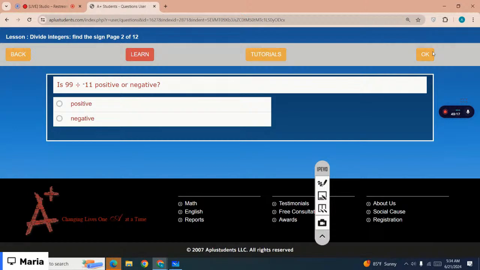Is 99 divided by negative 11 positive or negative? One of the numbers is negative, so the answer is negative.